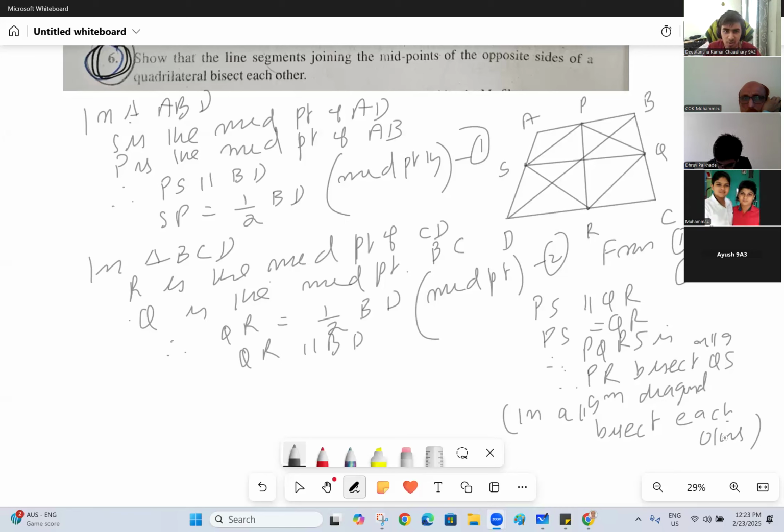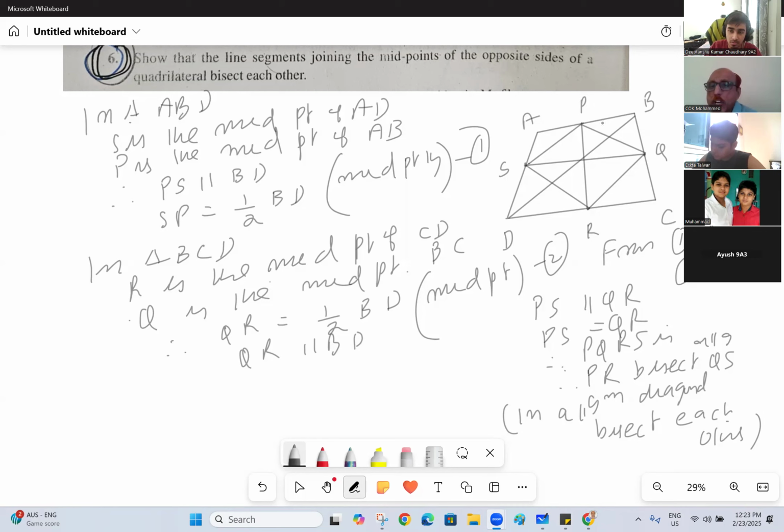Sir, can you just explain how it's midpoint theorem here? In the question, they said that it's midpoint. No, sir, how does the midpoint theorem apply here?